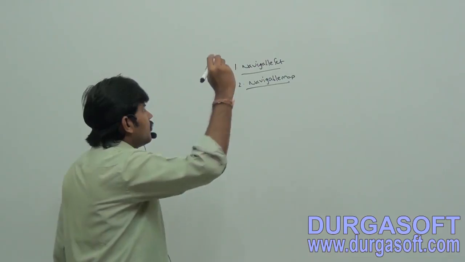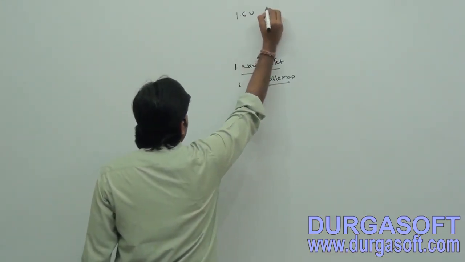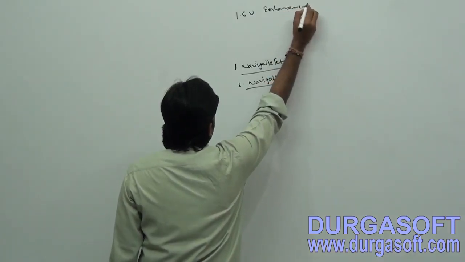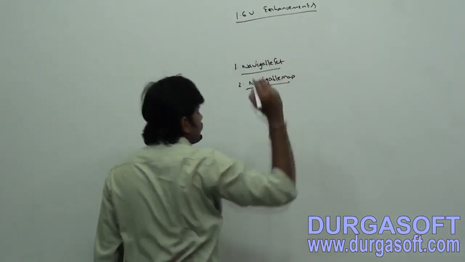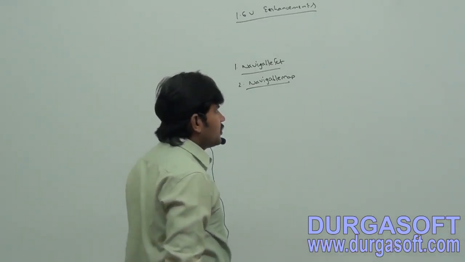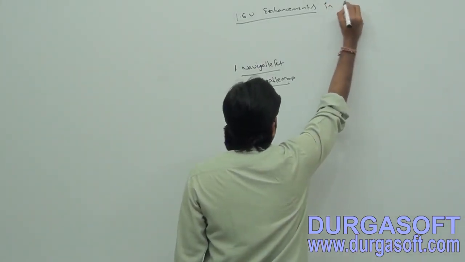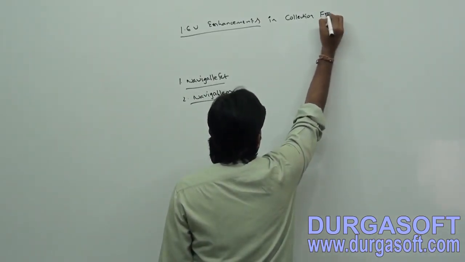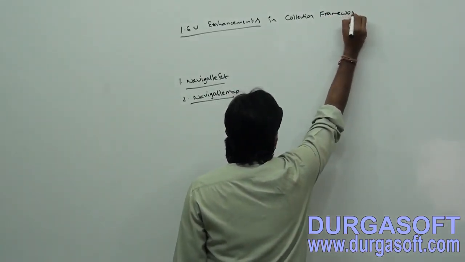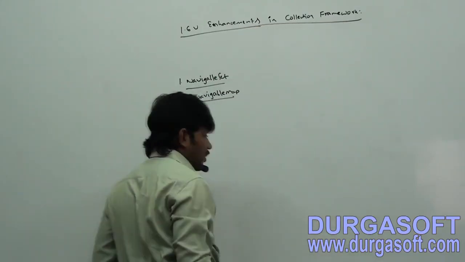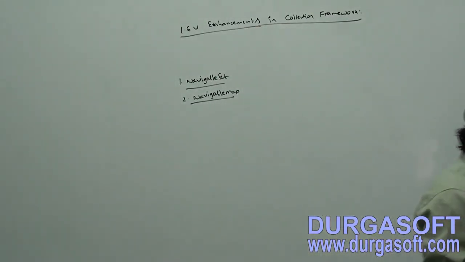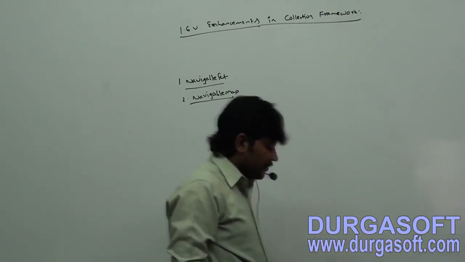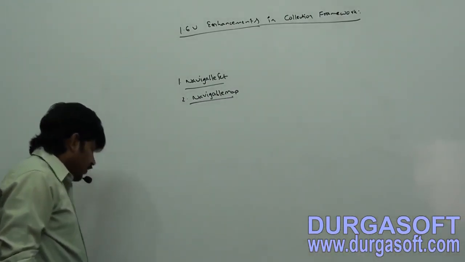Keep the subheading: 1.6 version enhancements in collection framework.